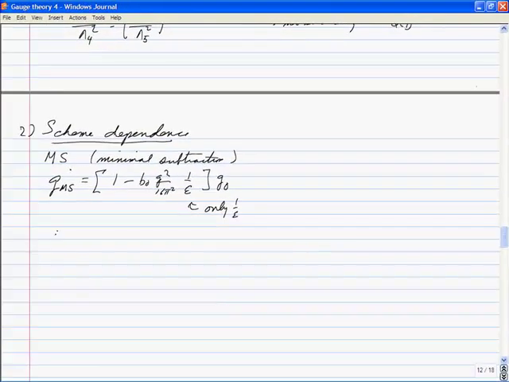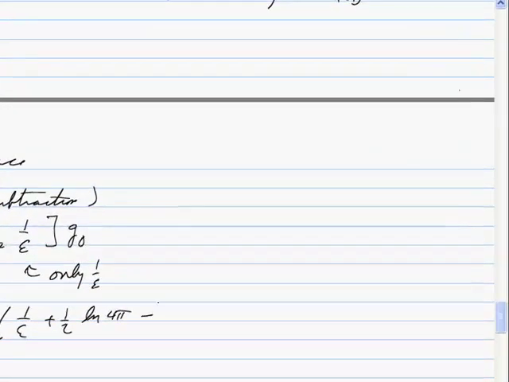In the MS bar scheme, the relation would be G_MSbar equals 1 minus B0 G squared over 16 pi squared times 1 over epsilon minus 1/2 plus 1/2 log 4 pi minus gamma over 2, times G0.